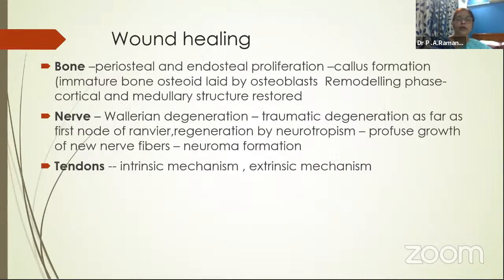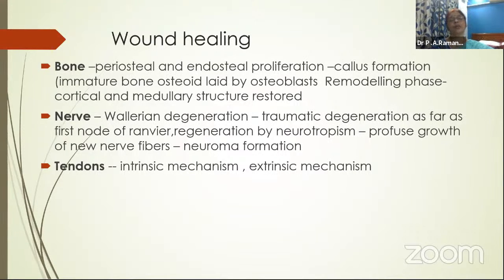Now, what is happening for the bone? How is the bone healing? When there is injury to bone, what is happening? Bone also heals by this primary mechanism, that is periosteal and endosteal proliferation.